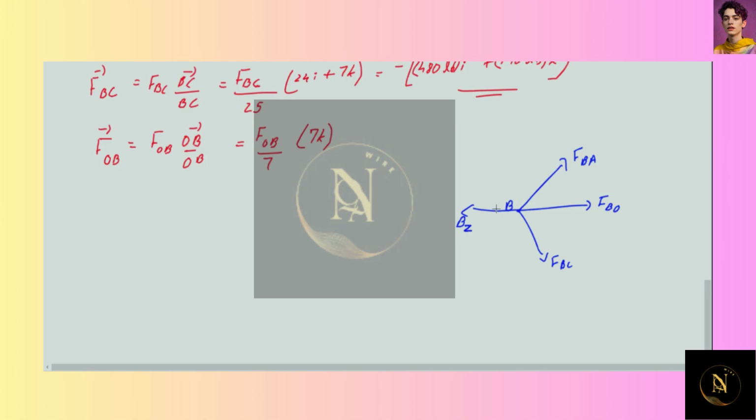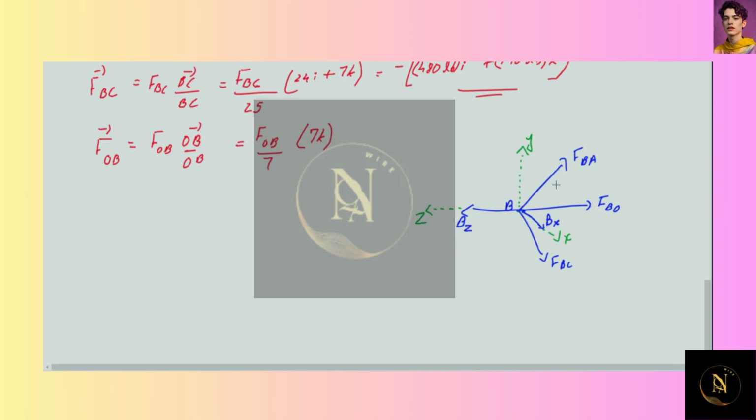Let's take D. This will be Y, this will be Z, and this will be X. There is BH also, and we got the values.